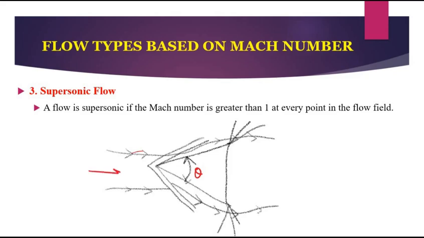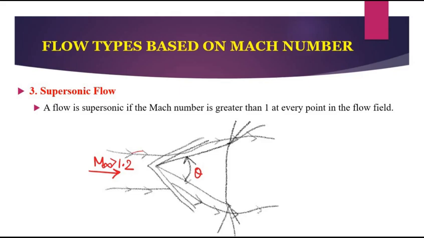Now, here my free stream Mach number is going to cross 1.2. So, whenever I see that my free stream Mach number is greater than 1 or 1.2, I call it a supersonic flow.